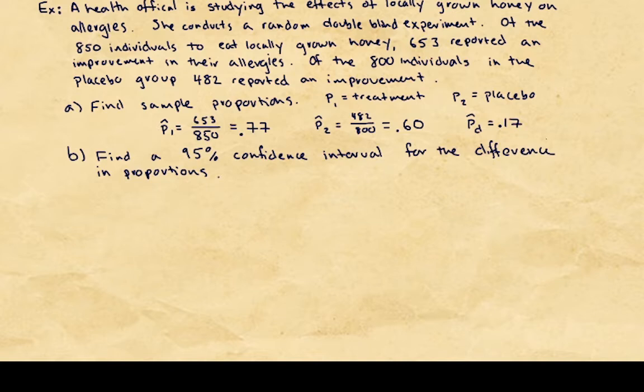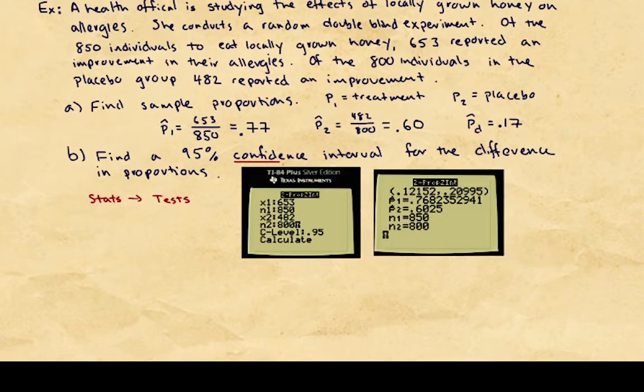What we're actually estimating here is the difference between these two proportions. So that's where this D comes from. p hat sub D, D for difference, is 17%, because that's the difference between 77% and 60%. So we're asked to construct a confidence interval.